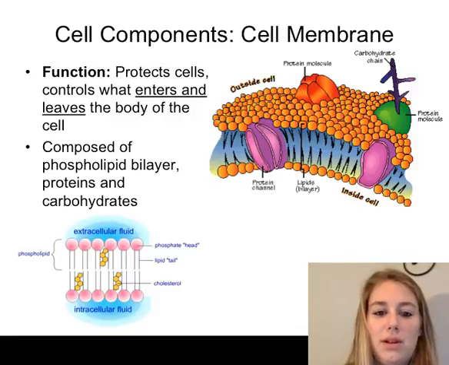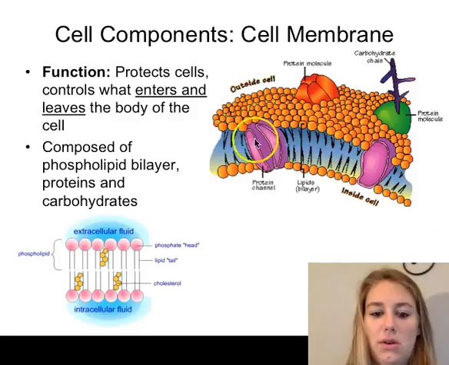So now we're going to talk about all the other cell organelles that we've maybe mentioned before, or maybe you've heard about in 7th grade, but we're going to go over them in a little bit more detail now. The first one is a cell membrane, which protects the cell by controlling what enters and leaves the body of the cell. So here's a picture, but imagine this is a full circle.